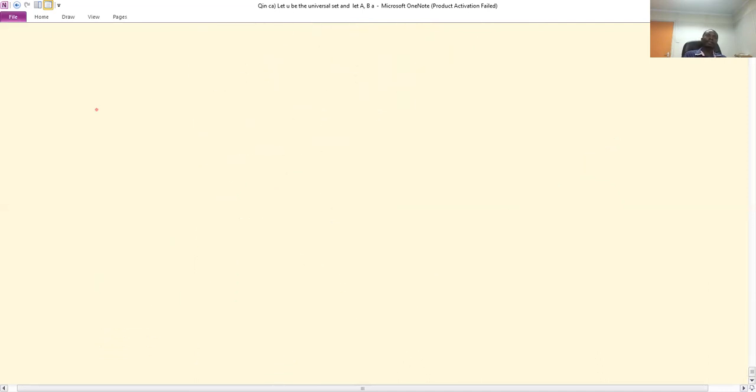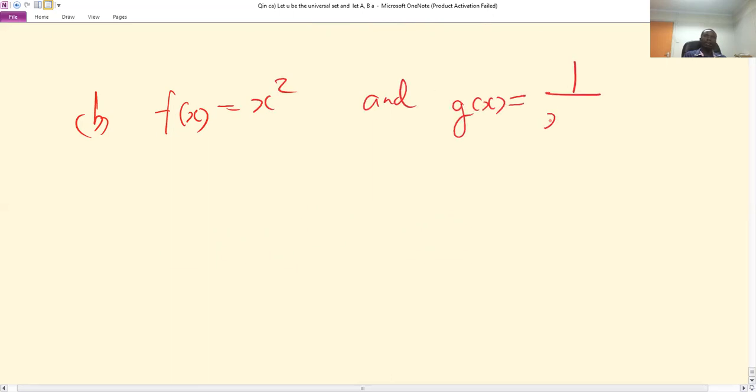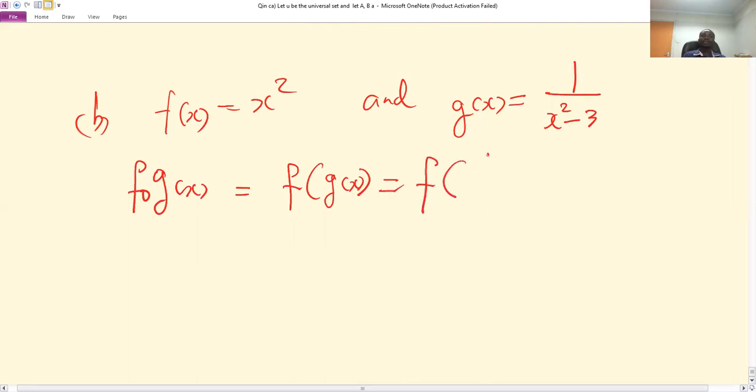And part B, if you are given that f of x is x squared and g of x is given by 1 over x squared minus 3, then you just define f composed with g of x will be f of g of x, which by definition will give you f of 1 over x squared minus 3.